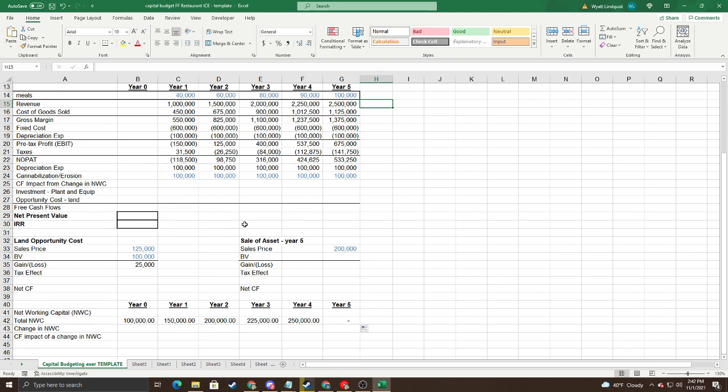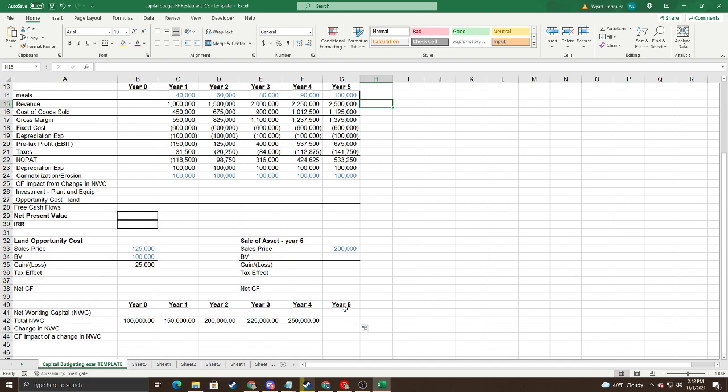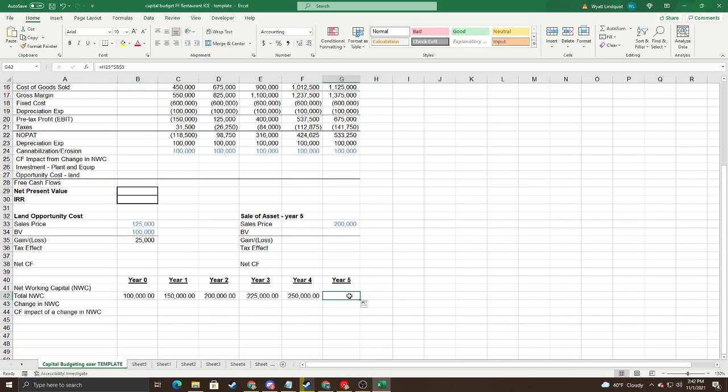So we just did it as 10% in this case. So we're going to just take 10% of the 1 million, 10% of the 1.5 million, and all the way across, and that'll give it. But then at the end of our project, we need no net working capital anymore. So we just get rid of it, or it just becomes 0. And we'll see how we calculate that here in a second.